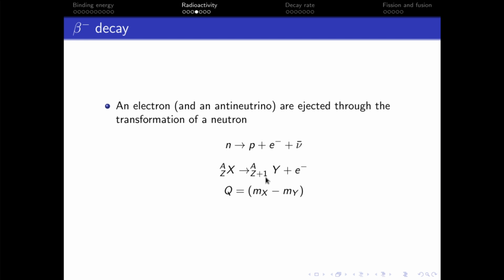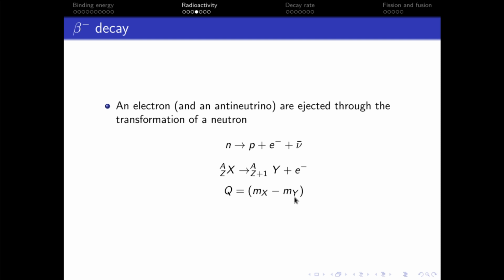So the number Z increases by 1. But the number of nucleons, the total of neutrons and protons, stays constant, since we lost a neutron but gained a proton. So A stays the same. For this reaction, we change element, since the element depends on the number of protons, but keep the same number of nucleons, A.